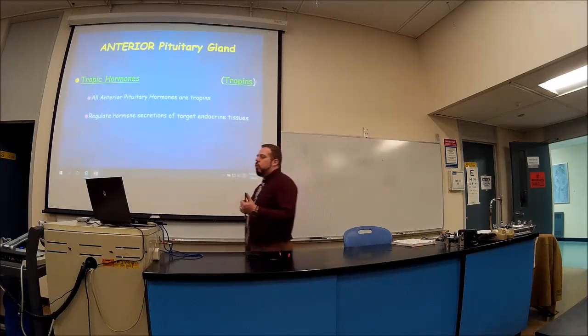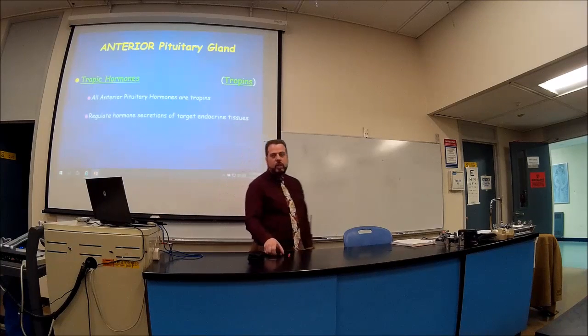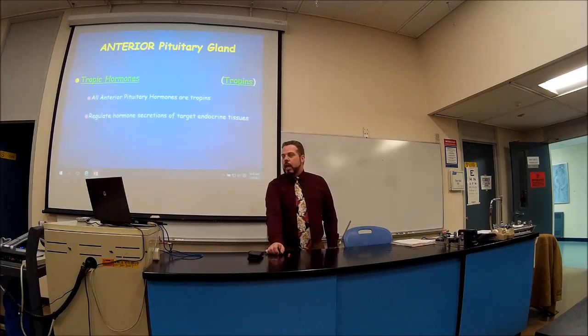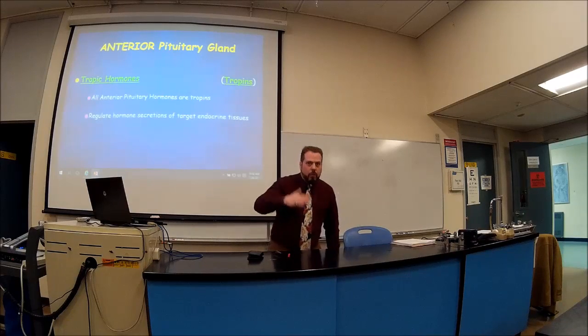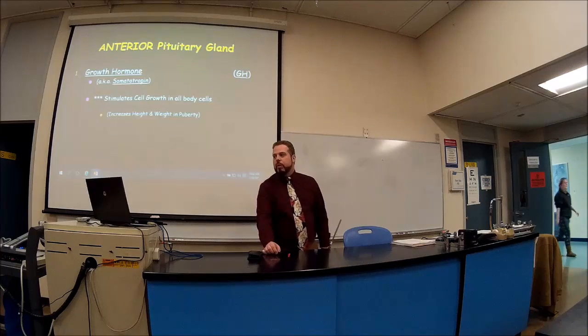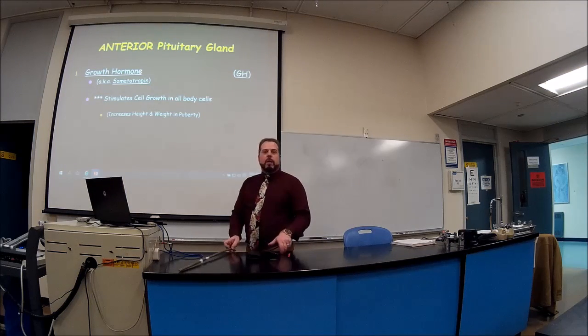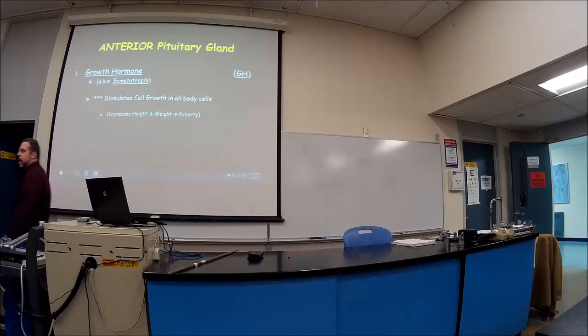So these are all the hormones that get released from the anterior pituitary. They're referred to as tropins. And they're going to regulate hormone secretions of target organs that are out there, which I kind of introduced, but we're going to get into. So let's talk about the first one, growth hormone. It's also known as somatotropin.